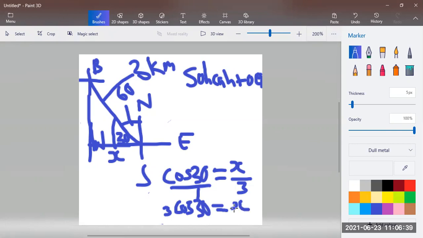With your calculator, once I manage to input this, that should give me the value of our x. And if you do that correctly, you should get something around, x should give us approximately 2.6 kilometers.